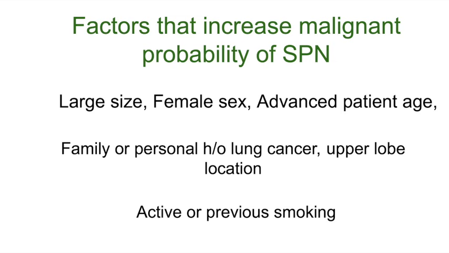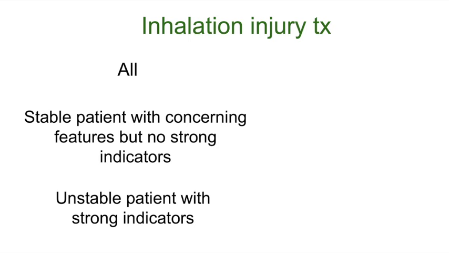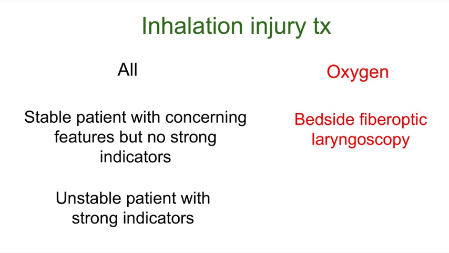So let's take a closer look at inhalation injury treatment. So all patients with inhalation injury should receive supplemental oxygen. If the patient is stable with concerning features but no strong indicators for inhalation injury, then you can do a bedside fiber optic laryngoscopy. However, if this patient is unstable with strong indicators for inhalation injury, then you'd want to do an endotracheal intubation.